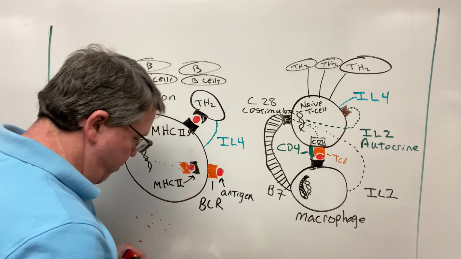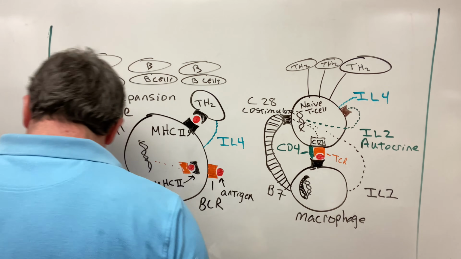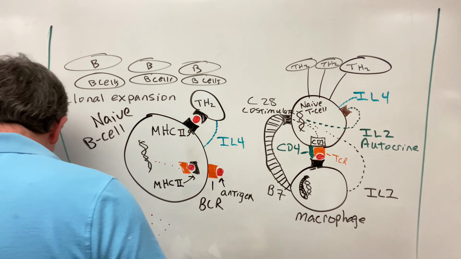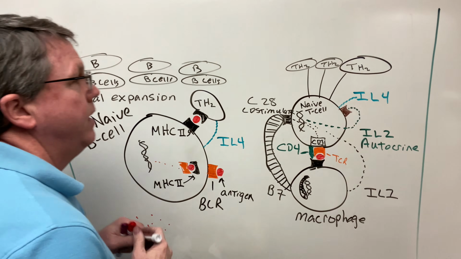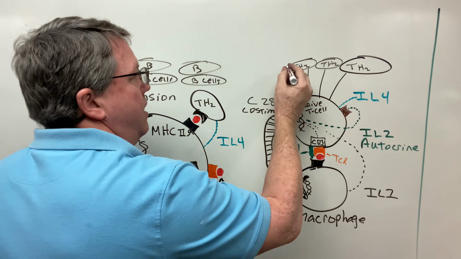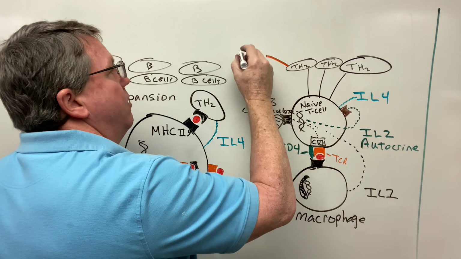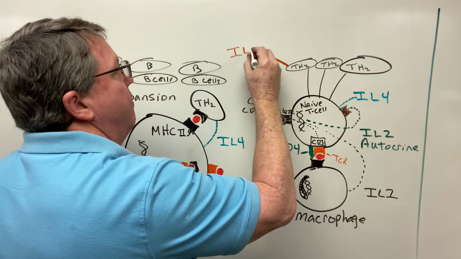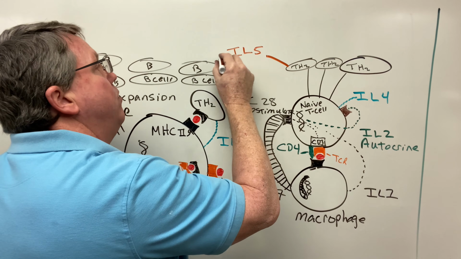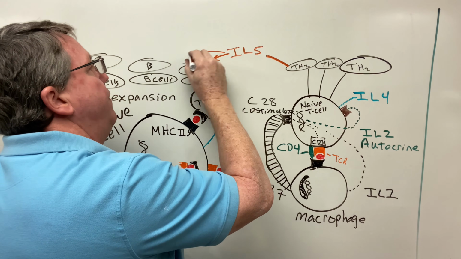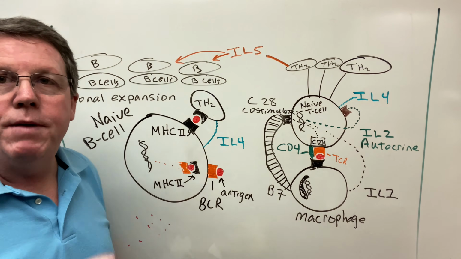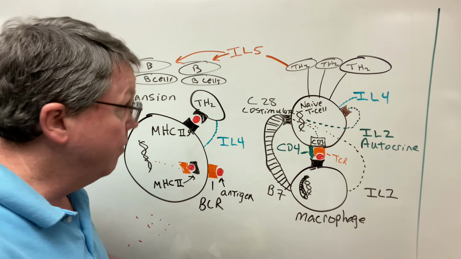Now, if we come back over here, what's going to happen is I am going to get the release of more things. Another one I'm going to get is something called interleukin 5. Now, interleukin 5 is going to work on these B cells, and it can make them do one of two different things.